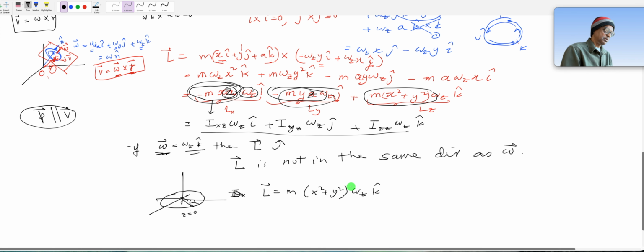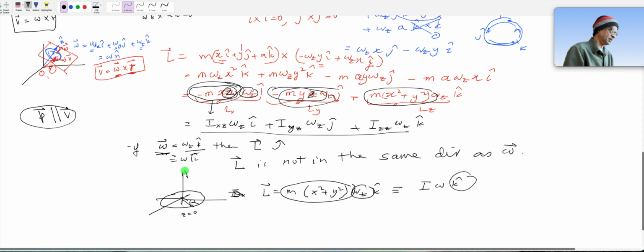So in this case you write I, and this is just omega k hat. So you're used to writing I omega k hat. You wouldn't ignore that because there's only one direction that's relevant. But here, you get contributions from other directions as well. So you can see right here this is the moment of inertia for a point particle, m r squared.